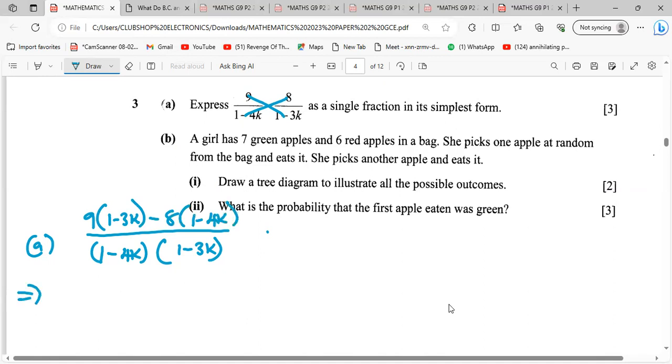This is 9 minus... 9 by 1 is 9, 9 by negative 3k is negative 27k, minus 8 times negative 4k, which is plus 32k.